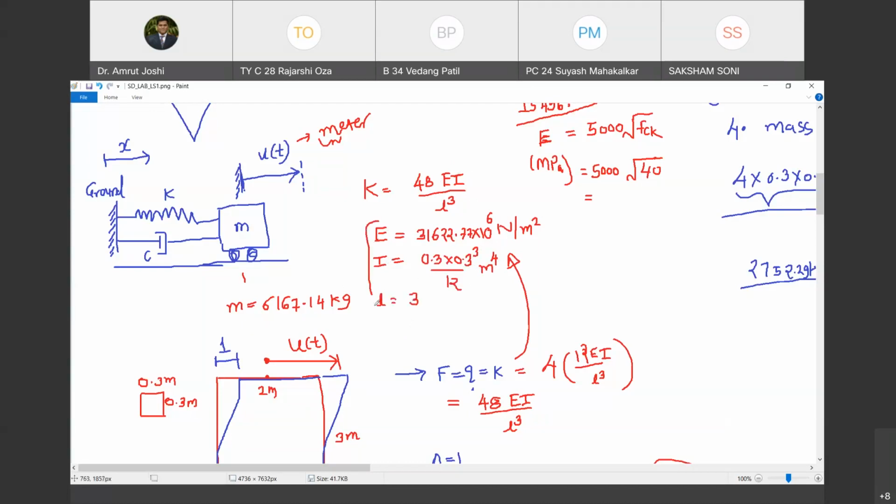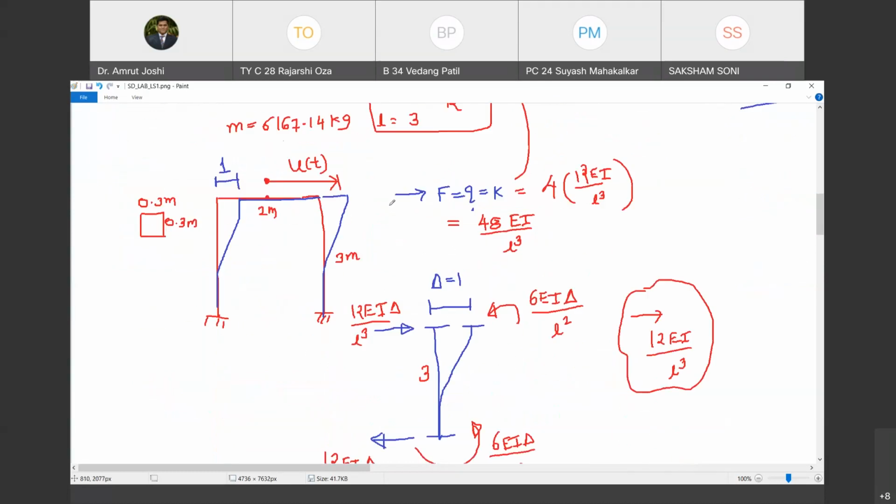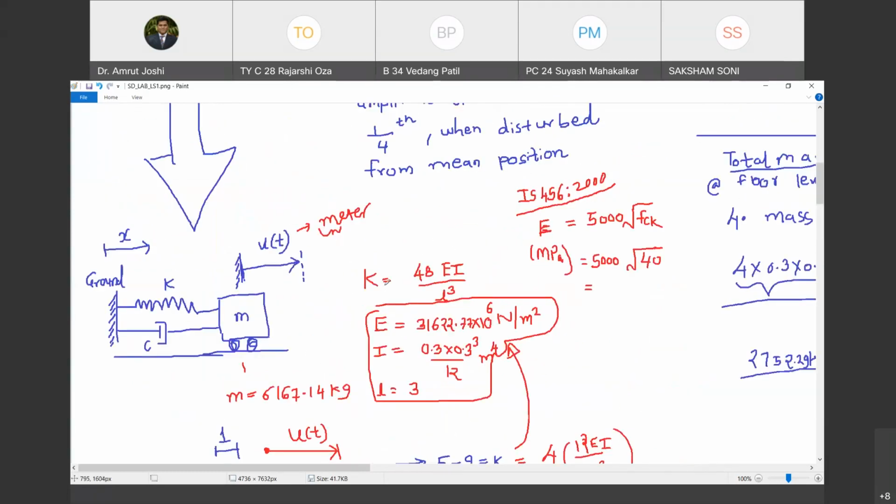So if we substitute these values back in here, what is the value of K? Can you substitute and tell me the value of K? I will also calculate with you. So I have to calculate 48 multiplied by E, that is 31622.77 multiplied by 10 power 6.